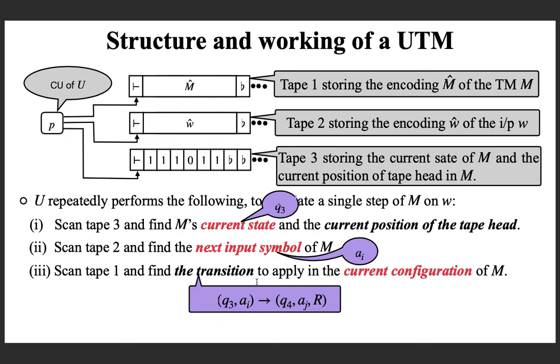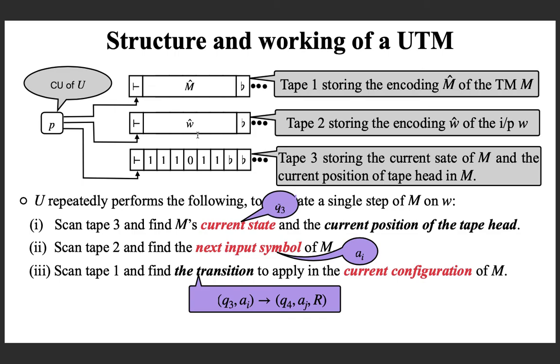You move your state to Q4, you replace Ai with Aj, and you move to the right. This is the transition of M. Then how will you update? You want to make the state change. Now it is 3, and you want to make it 4, so you want to change the tape content here. Then you want to replace the symbol on the tape, which you have to do in the second tape.